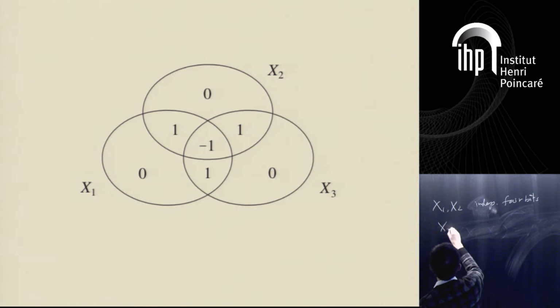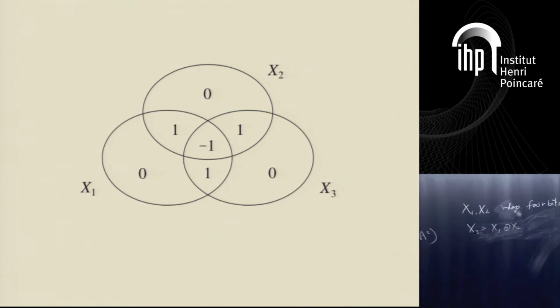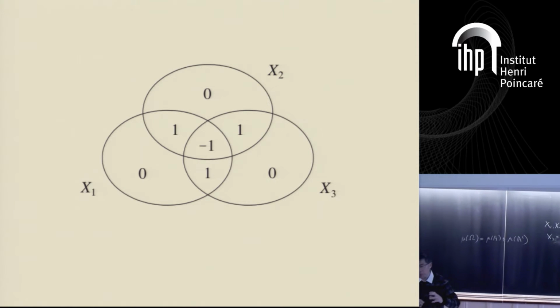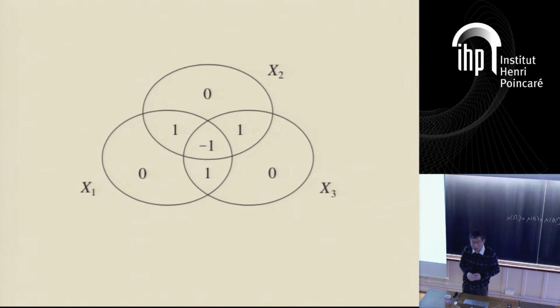And then we just take x3 equals x1 plus x2 modulo 2. Okay? And then it's a well-known example that for this construction, x1, x2, and x3 are pairwise independent.